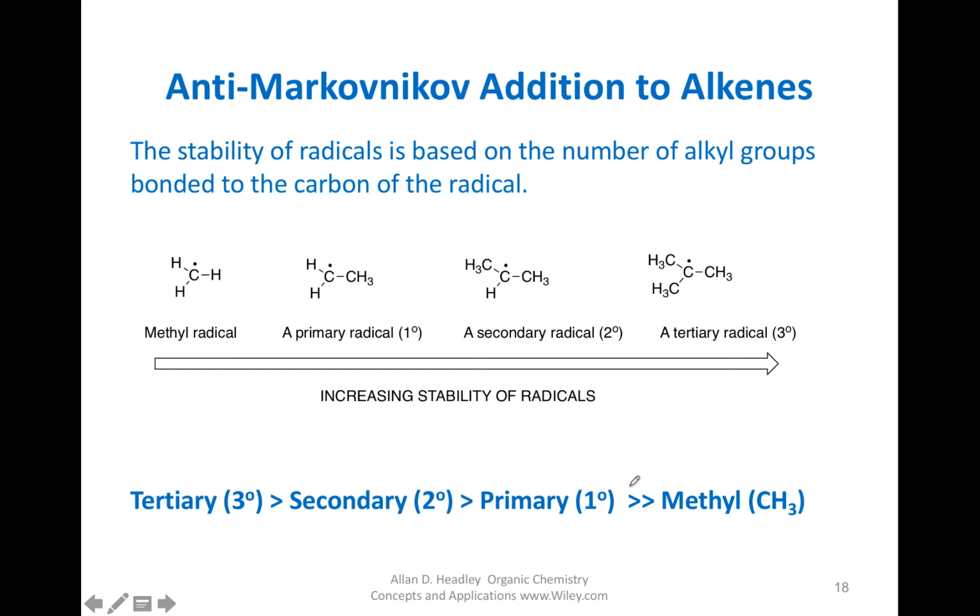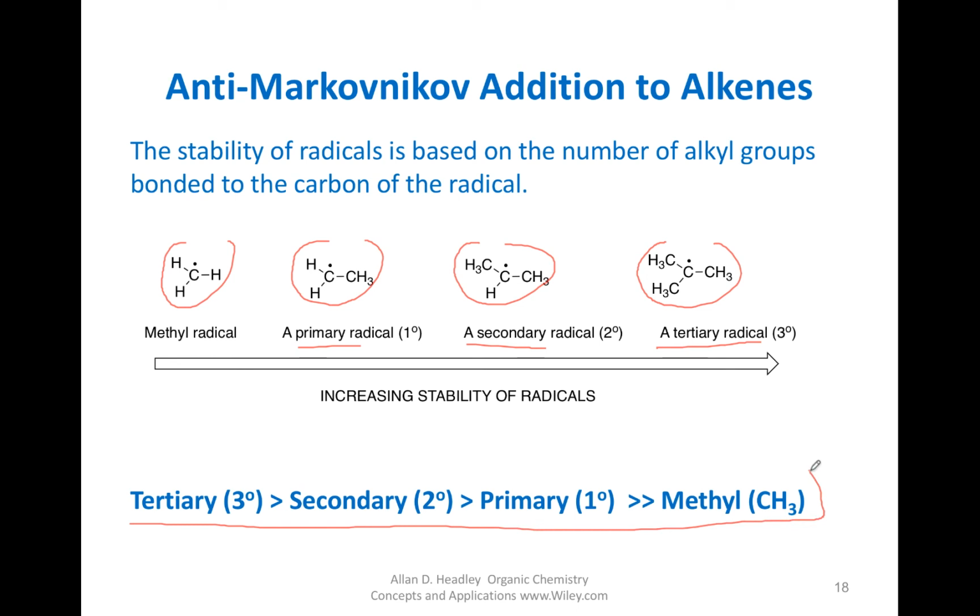The stability of radicals is that tertiary are more stable than a secondary, and more stable than a primary, and more stable than a methyl. So the trend is the same as for the carbocations. In this case, it's a radical, however.